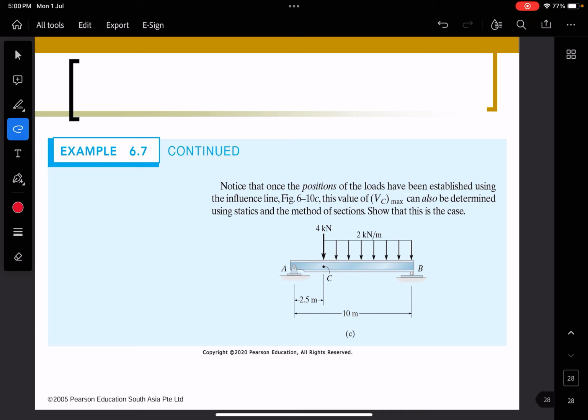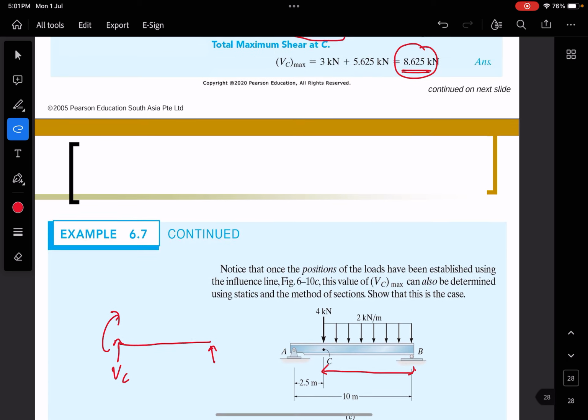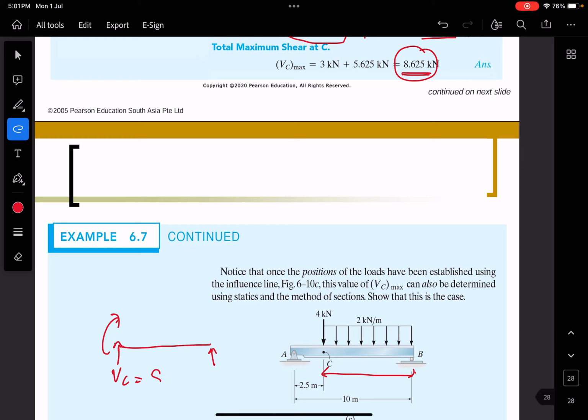Because you know that the positive area happens to be between C and B, in this span only, you just put the 4 kilonewton point load at this point, and the rest of the uniform distributed load from C to B. So you just do the cutting section, calculate the VC, and again you will get the VC value as 8.625. Okay.